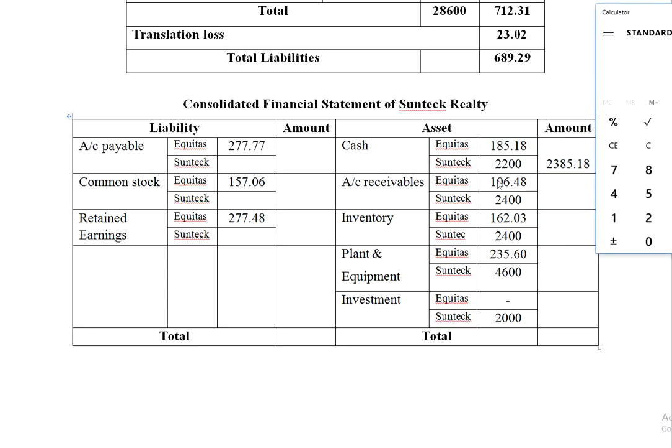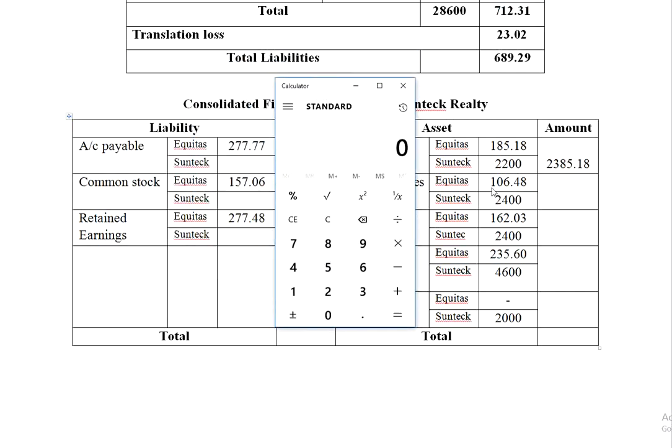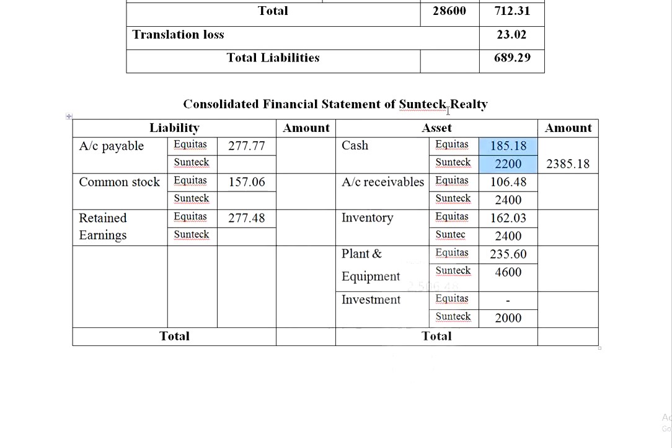You have to add this 106.48 and 2,400. So just check this, what is the value? 106.48 plus 2,400 equals 2,506.48.